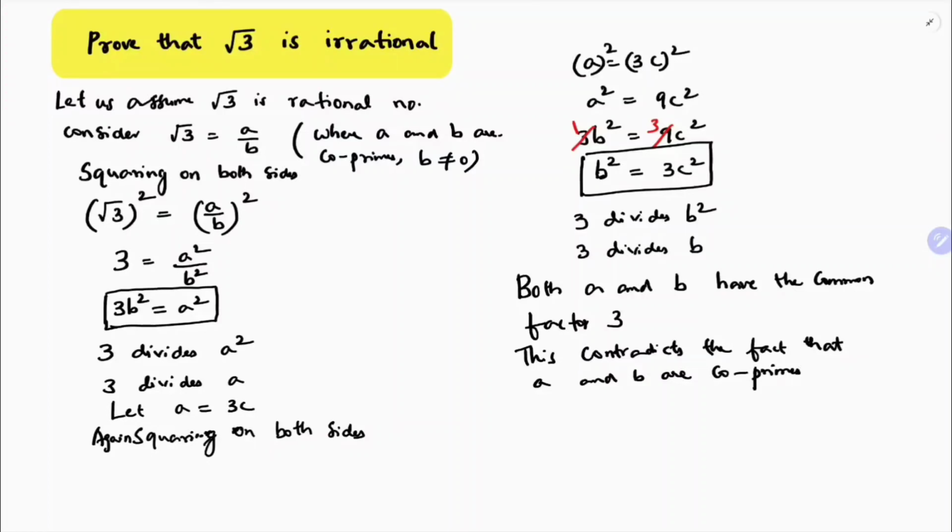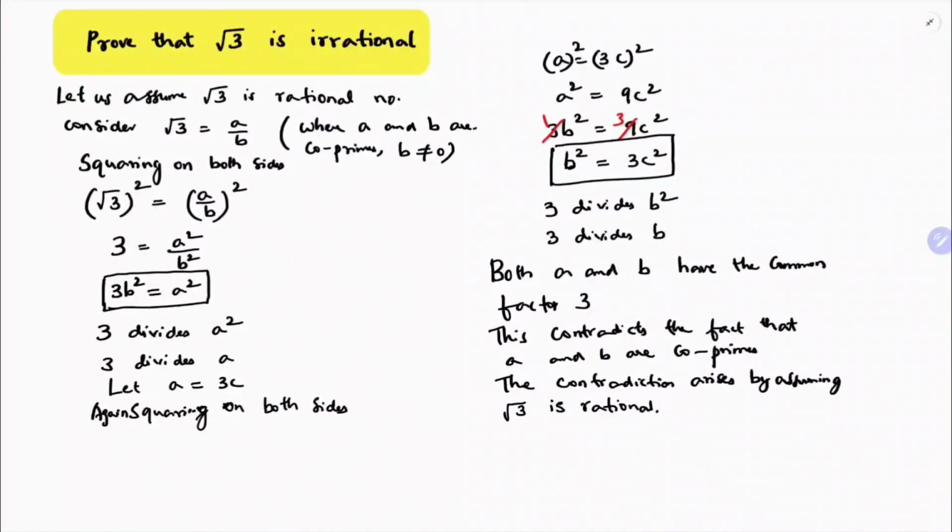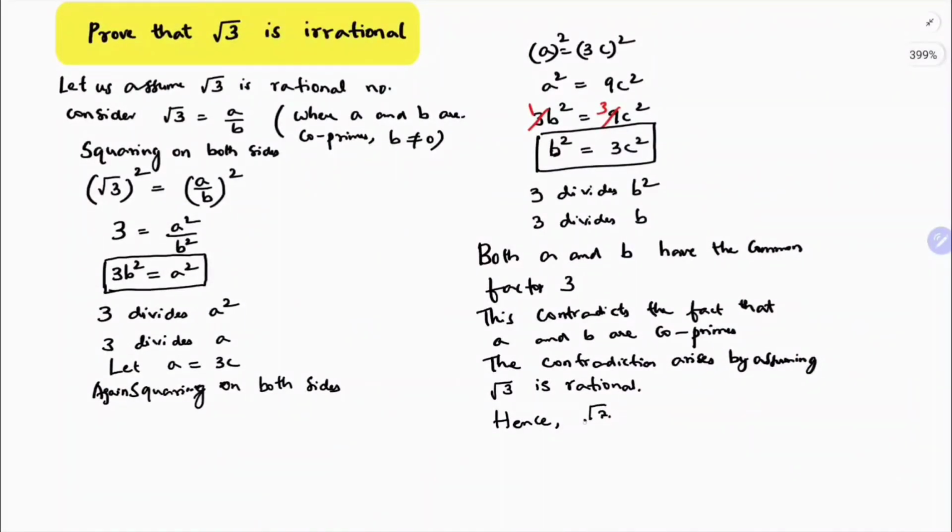The contradiction arises because of our assumption, by assuming root 3 is rational.